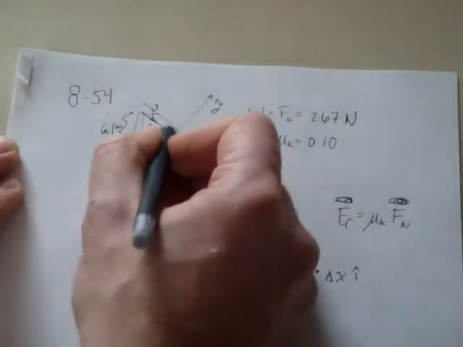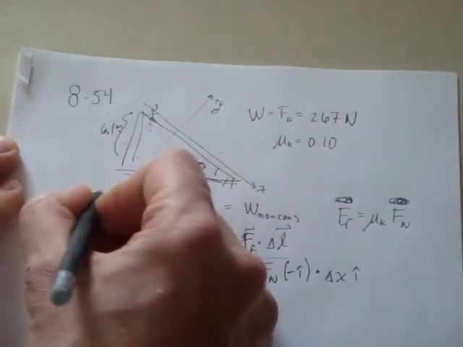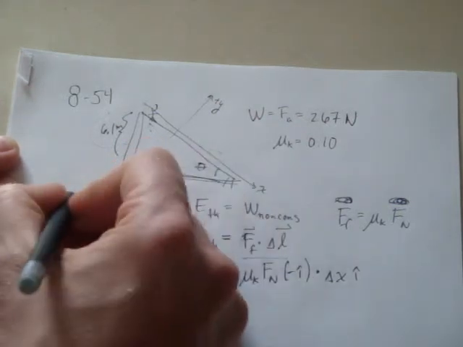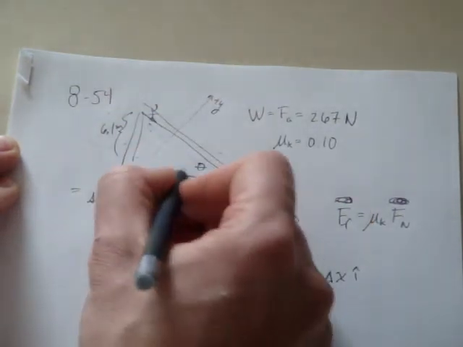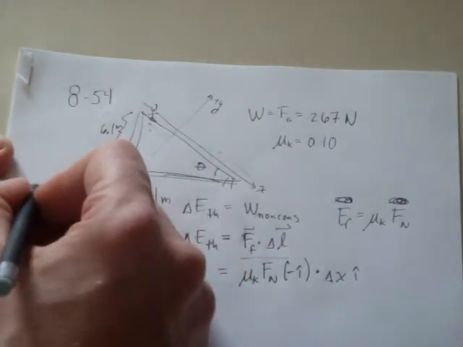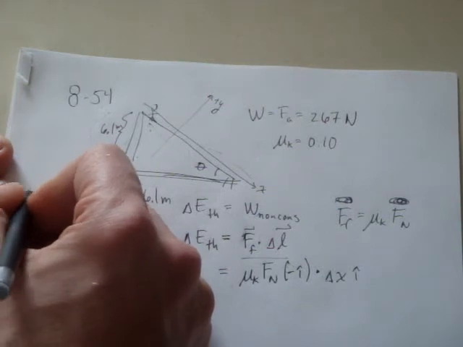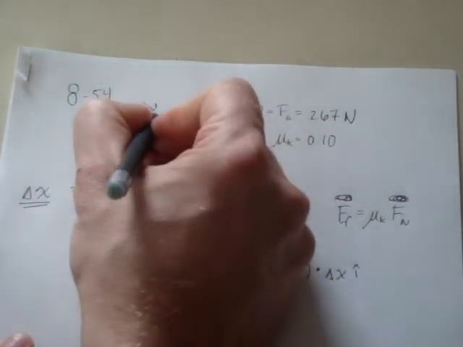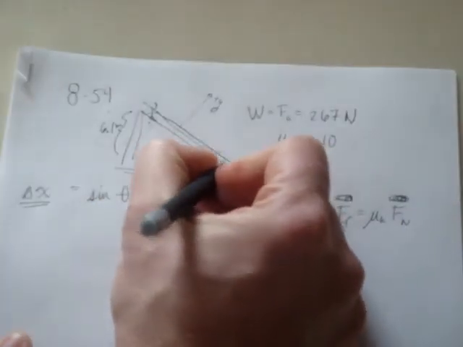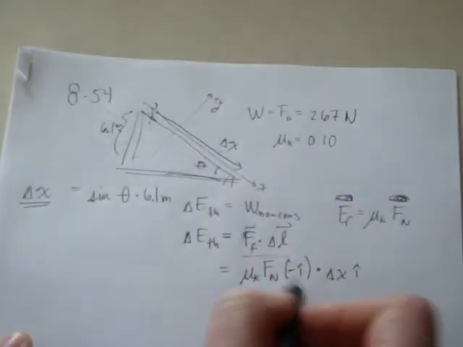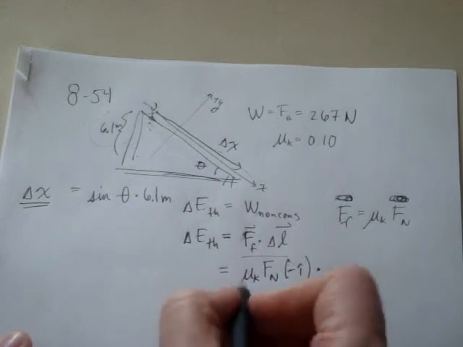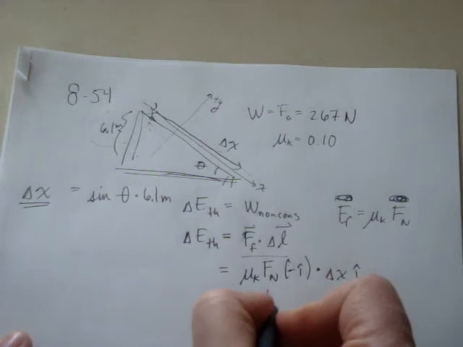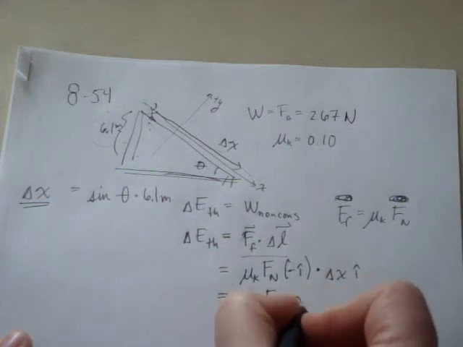Sine theta times 6.1 meters, where theta was 20 degrees. That tells us the length the person has traveled. We'll just leave it as delta x for right now. But the force is in the opposite direction, so this gives us a negative value of mu k times the normal force times the displacement delta x.